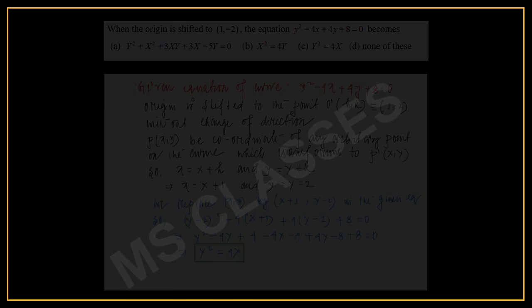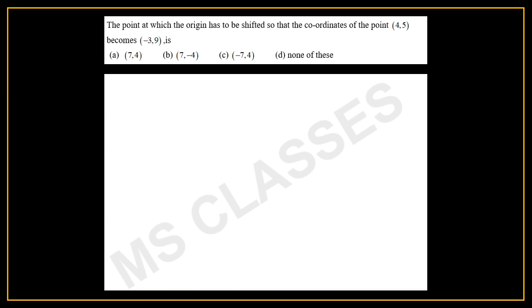It is given that the coordinate of a point with respect to the original coordinate system was 4 comma 5, which gets transformed to P prime, after the origin is shifted to some point, as minus 3 comma 9, and we have to find the point where the origin was shifted.